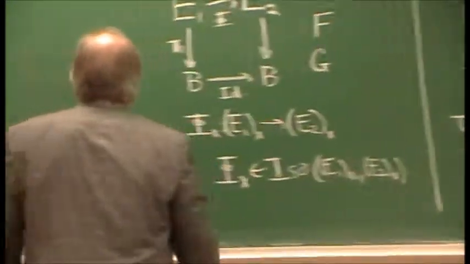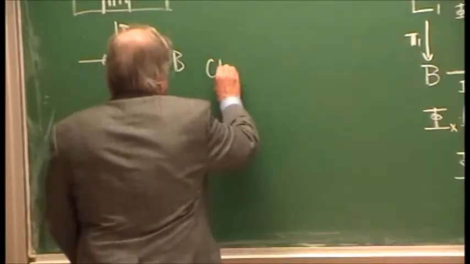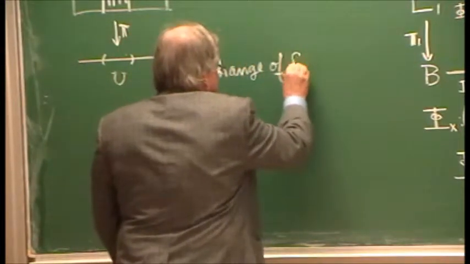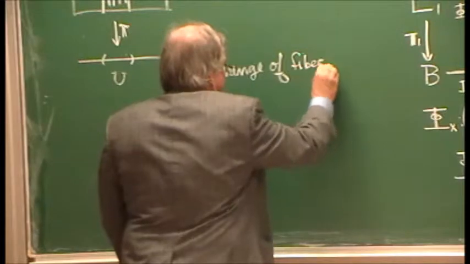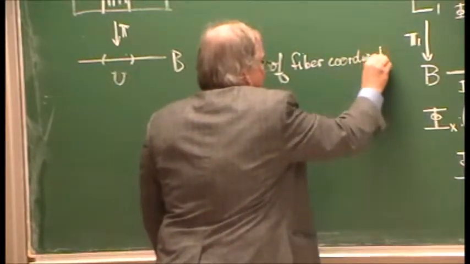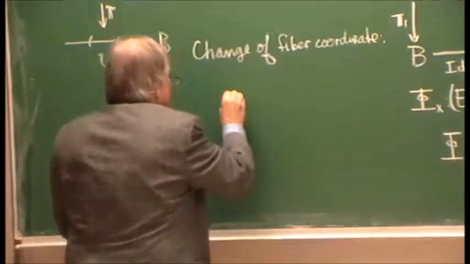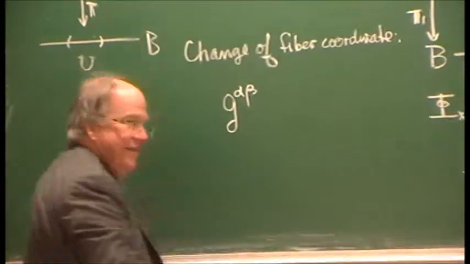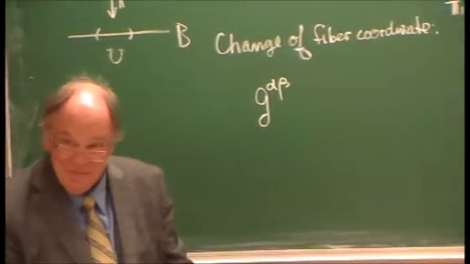Remember, we will have something here. So change your variables of fiber variables, say. Fiber coordinates. You're used to this. I will call it G alpha beta from one coordinate to another.